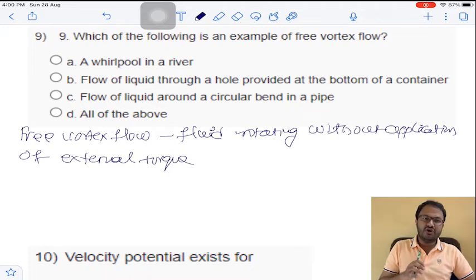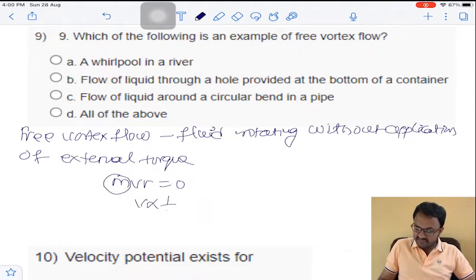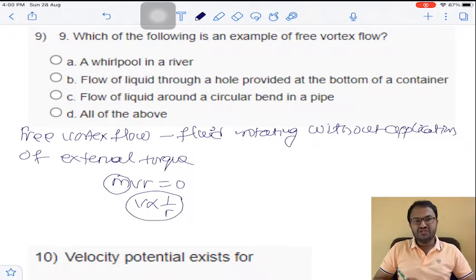So when there is no application of external torque, angular momentum, that is mvr, is equal to 0. Here m is constant, so v is inversely proportional to radius. That is, as we move away from the center, radius increases, velocity decreases.